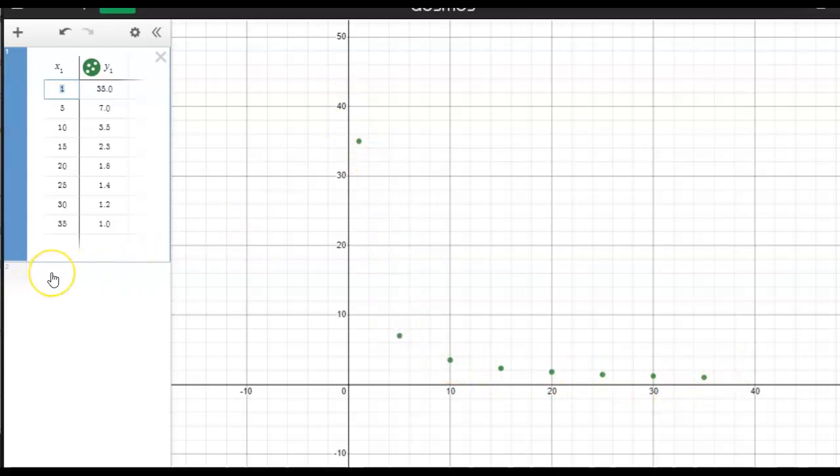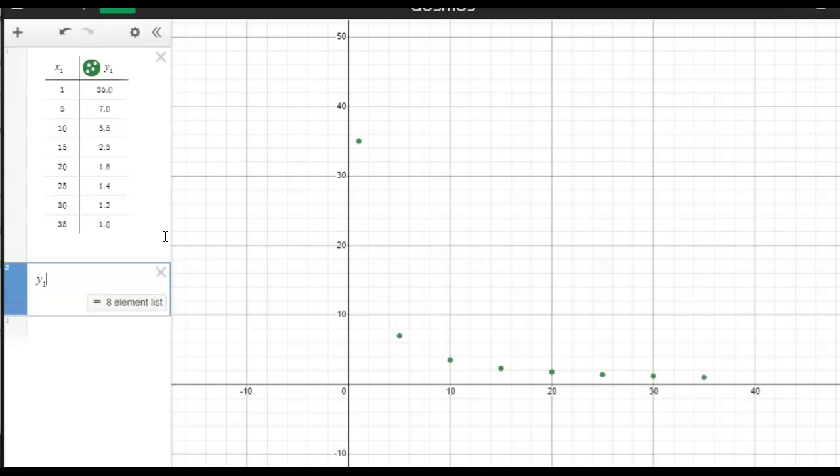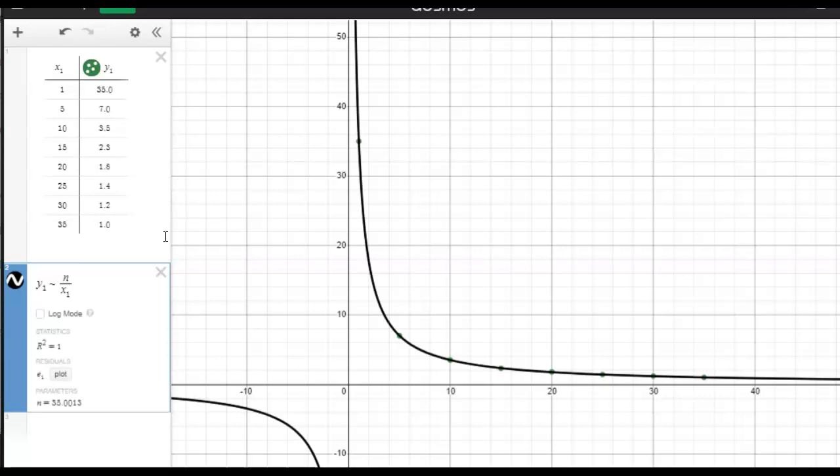And the relationship, the formula that is a hyperbolic curve is an inverse relationship. So y1 tilde, let's use a different value. So let's say n divided by x1.